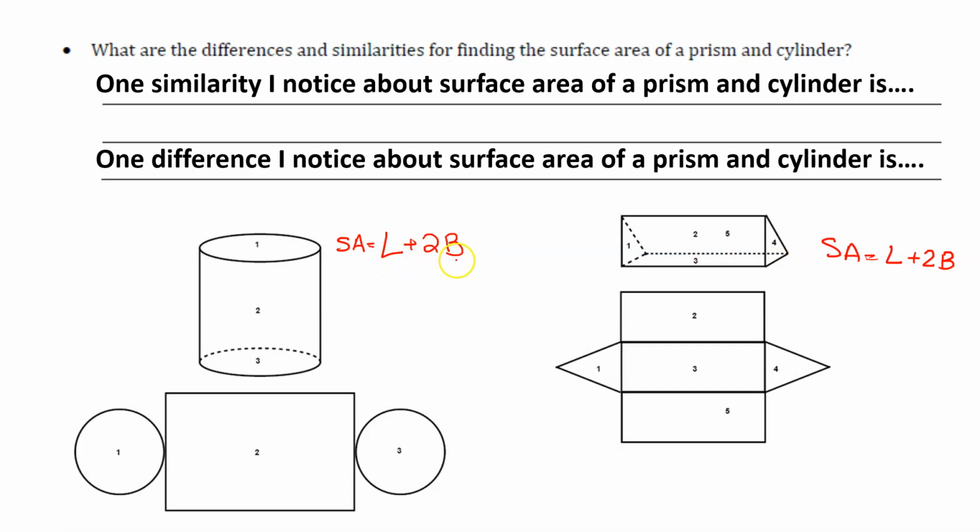Though notice our base is quite different, whereas our base for this one will be pi r squared, and our lateral area will be 2 pi r times h, r being radius and h height. So that's a difference I notice also, is that there's circular bases. We're using pi, whereas in this one, we're not. Though the equations are very similar.